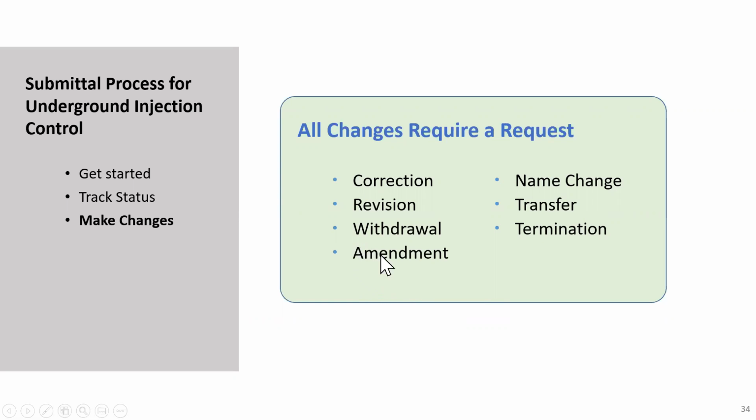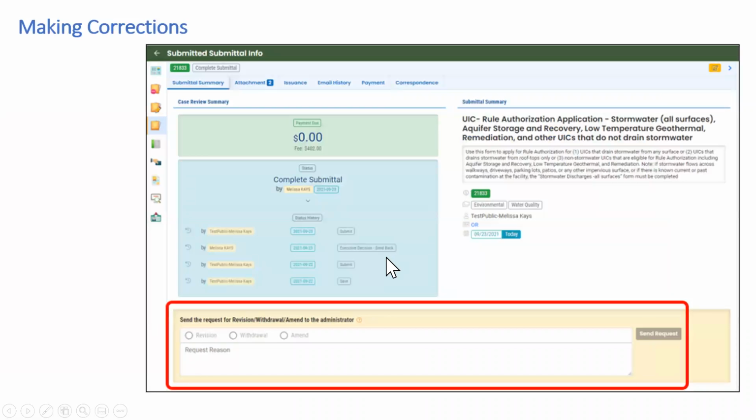one of these. So I'm going to go ahead and move forward and show you what that looks like to get that started. When you're in that submittal summary, in the submitted submittals, submittal summary has the case review summary. It has that information. At the bottom, you would see send the request for revision.